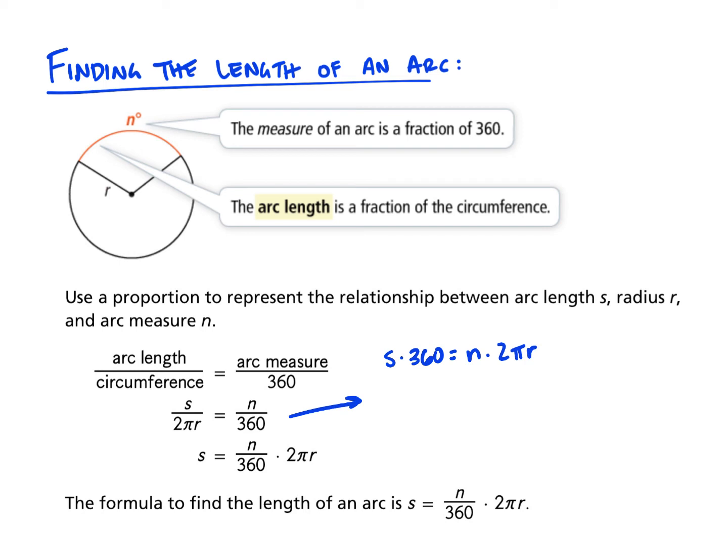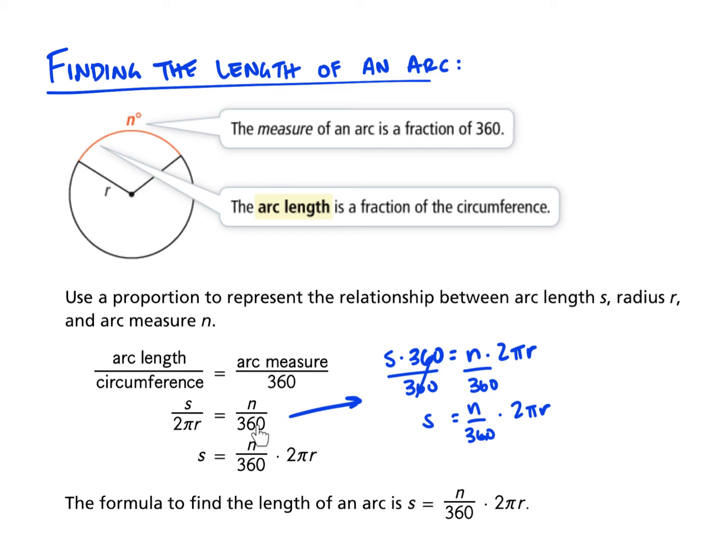Then I divide both sides by 360, and now I have S equals n over 360 times 2 pi r. This multiplication and division could be done in any order. I could do n times 2 pi r and then divide by 360 at the end if that's easier.